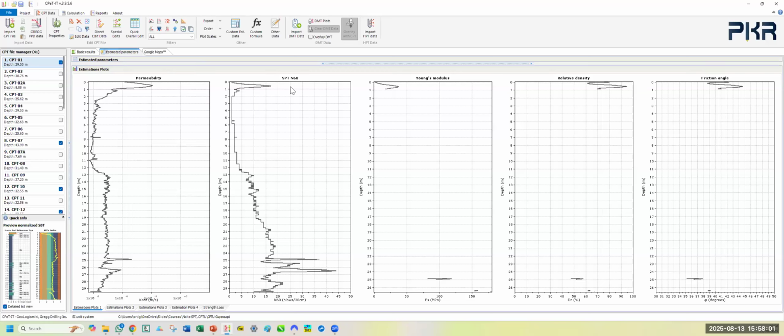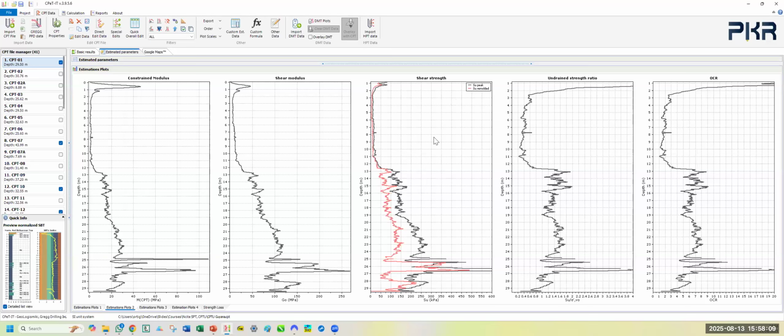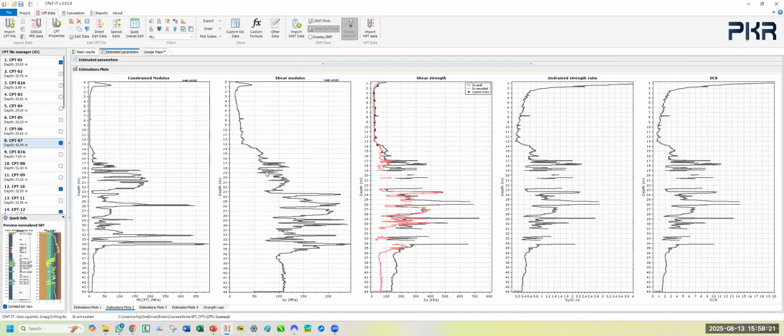So we have permeability, SPT N60, Young's modulus, relative density, friction ratio, and here shear strength, either remolded or undisturbed. We can compare with vane shear testing. And this is the case at the CPT7.